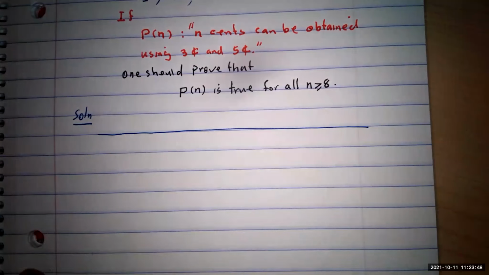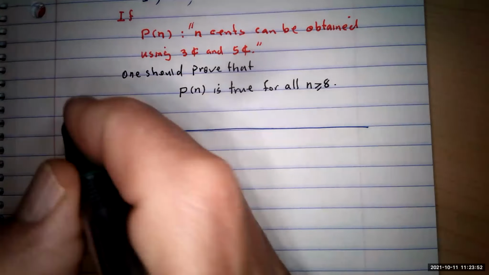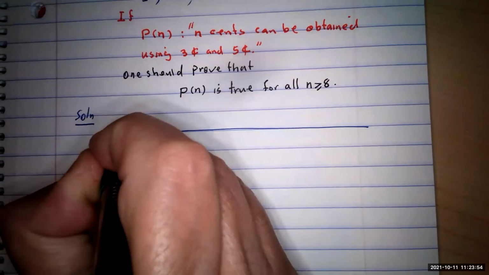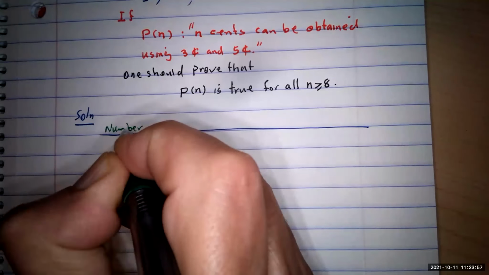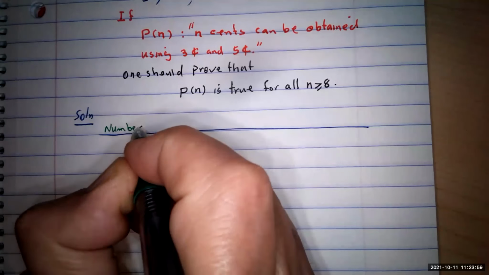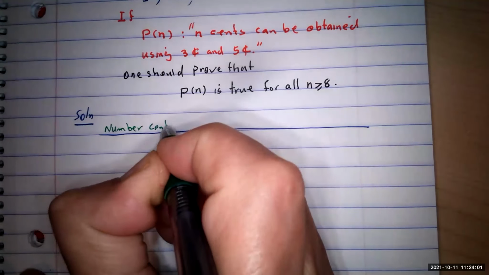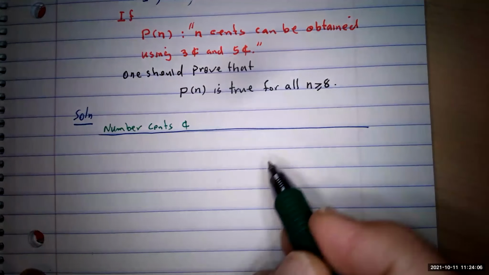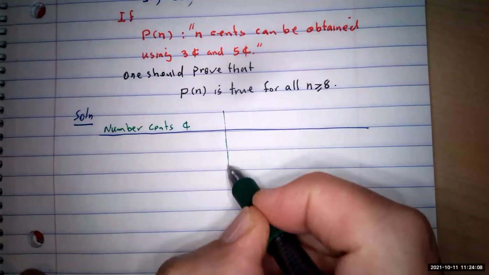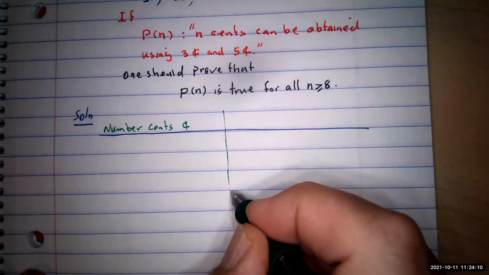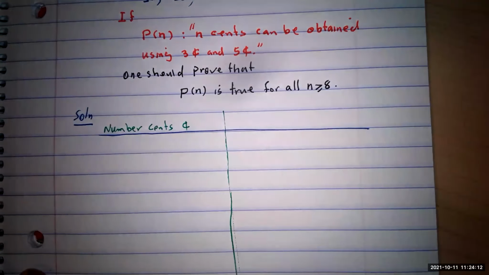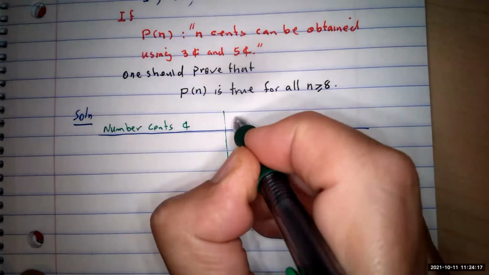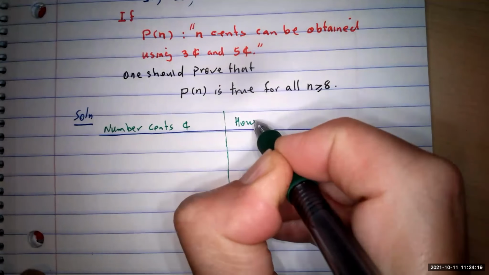In this chart, I put the number of cents, or amount of cents. So these are going to be my cents. And then this is how I'm going to break it into the combination of 3s and 5s. So this is how I'm going to show how to obtain it.